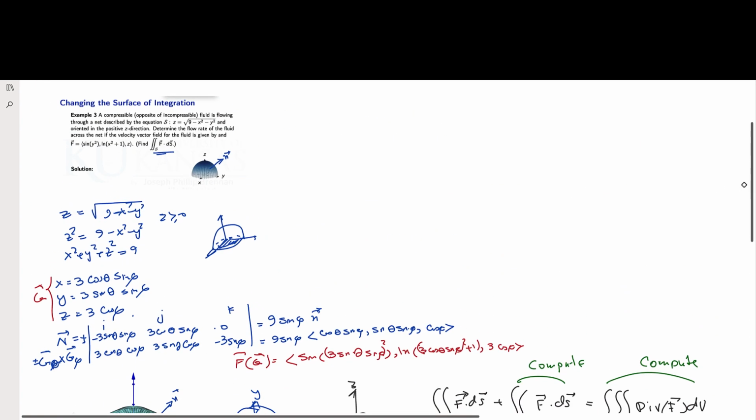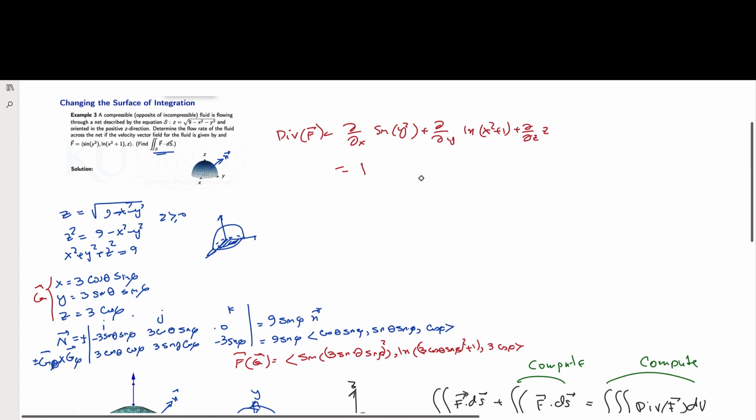So what is the divergence of f? It's a dot product: partial with respect to x of sine of y squared, plus partial with respect to y of natural log of x squared plus 1, plus partial with respect to z of z, and you end up with 0, 0, and 1.